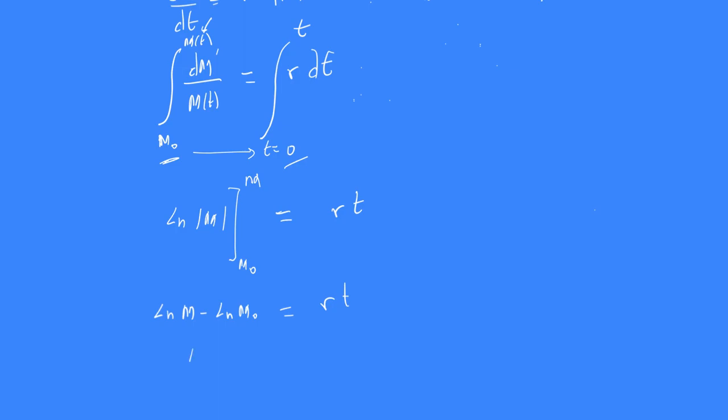But the logarithm of m minus the logarithm of m0 is the logarithm of m divided by m0, equals r times t. So I can solve for m divided by m0.